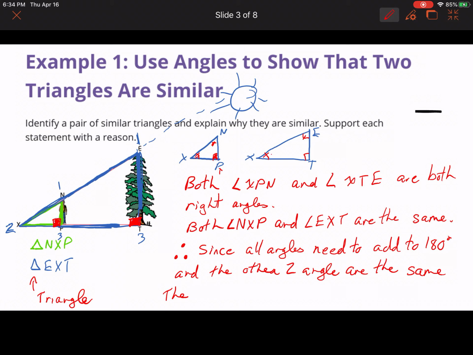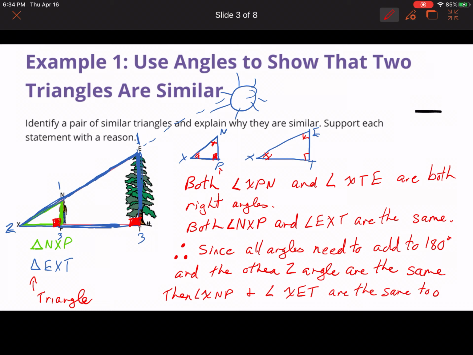I'll put a dash on them. So the top two angles need to be the same too. Let's call this angle XNP and angle XET. The one we're talking about is always in the middle. They are the same too.